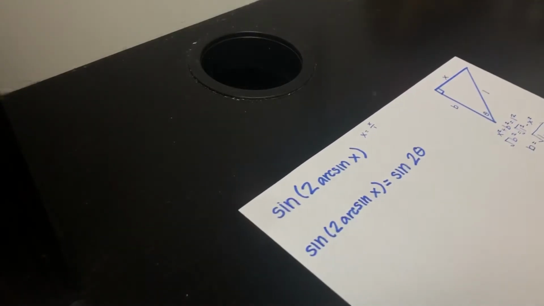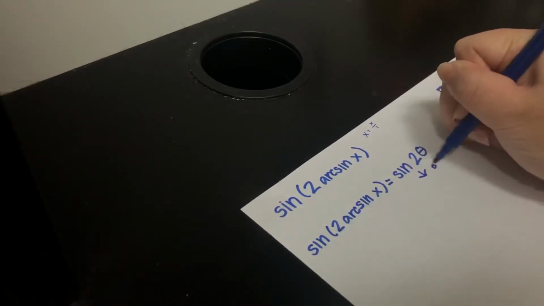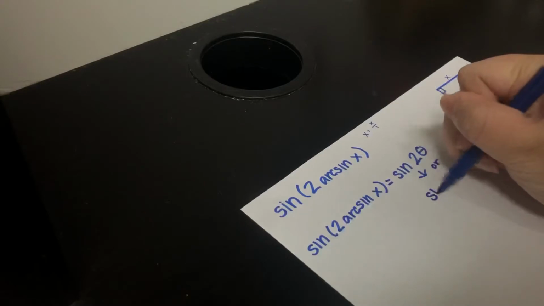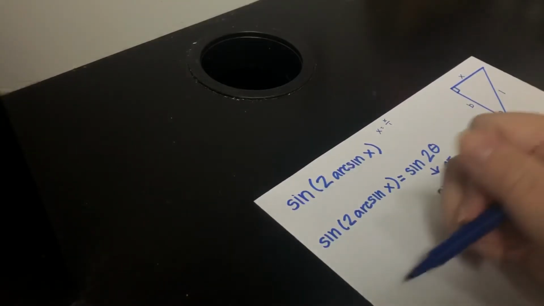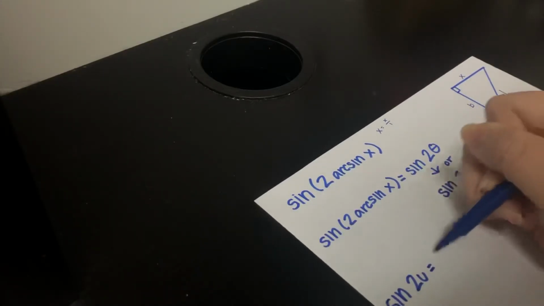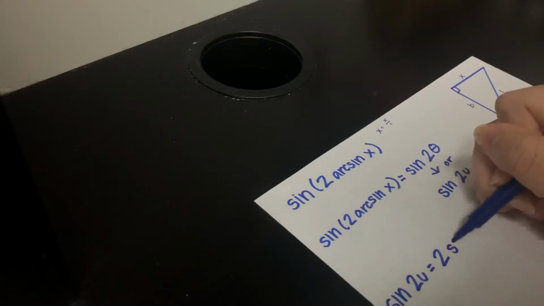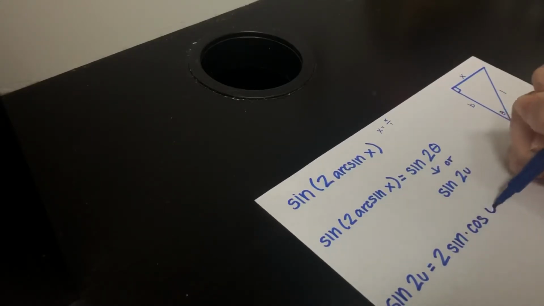Then this can also be rewritten as sine of 2u, and sine of 2u is equal to 2 sine u times cosine of u.